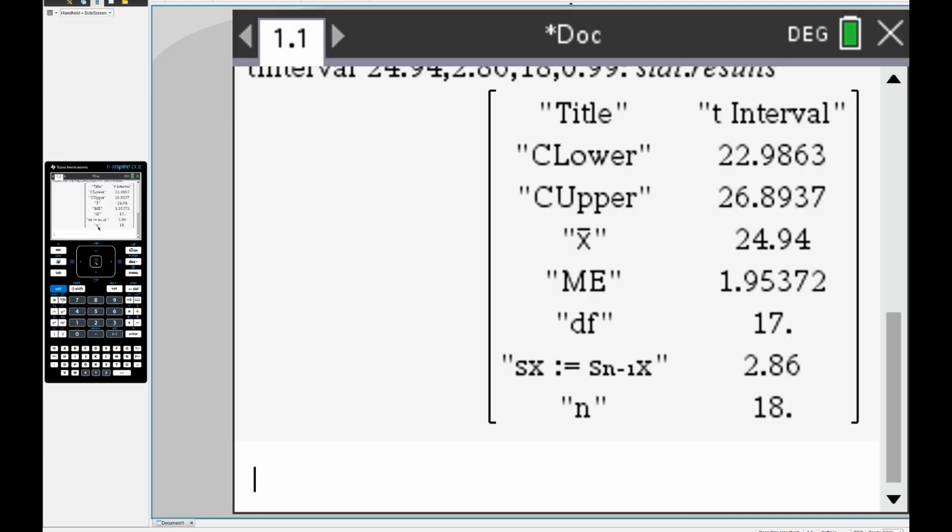And here we have it. We have a lower bound of 22.98 and an upper bound of 26.89. Margin of error 1.95.